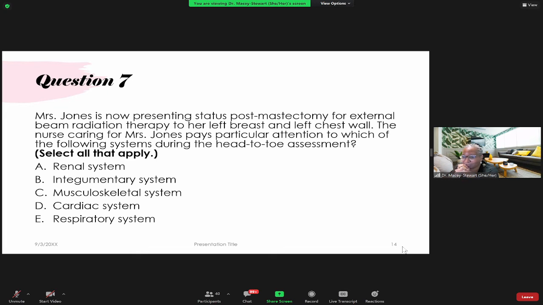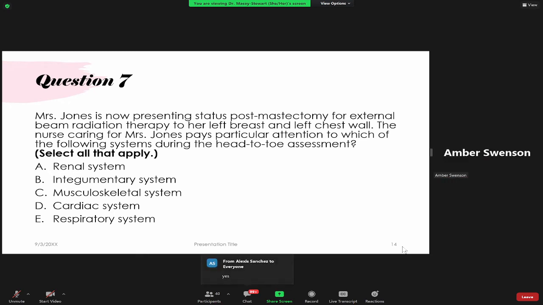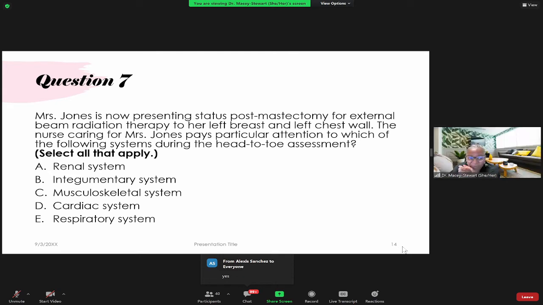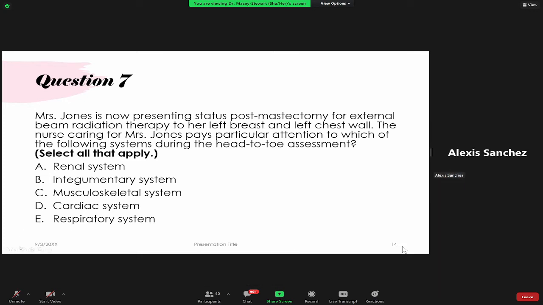Don't add what you know. That slide I gave you said location, location, location. Now you would do musculoskeletal if they were getting radiation in the lower extremity, right? Does that make sense? Okay. Somebody wants me to go back, or is that an old message? Old message, sorry. That's okay.